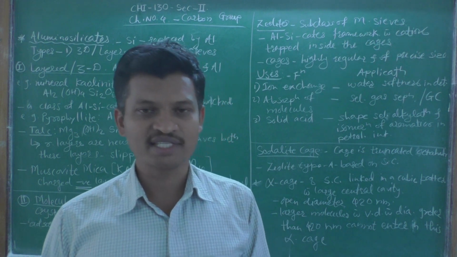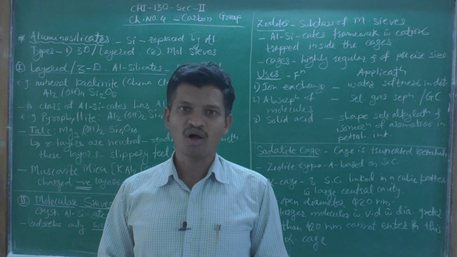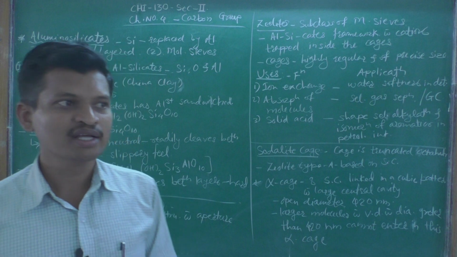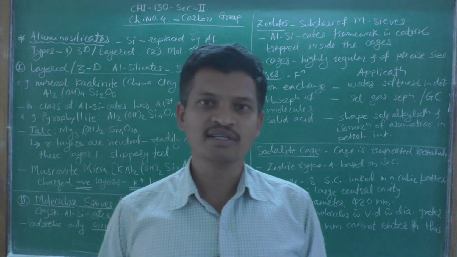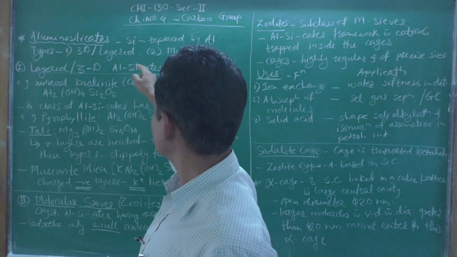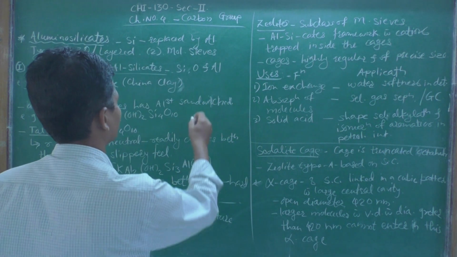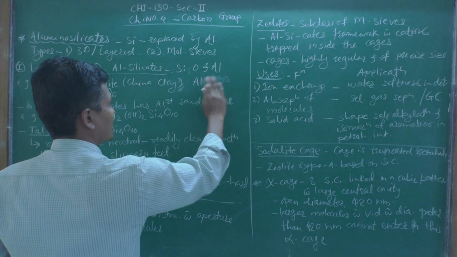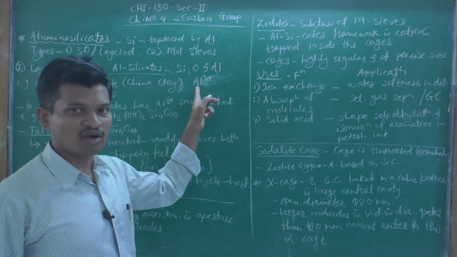These aluminosilicates generally consist of silicon and oxygen along with aluminum atoms. But we know that the stable oxidation state of aluminum is +3. Aluminum always exists in the +3 oxidation state, such as Al3 plus, which is one of the stable cations of aluminum.